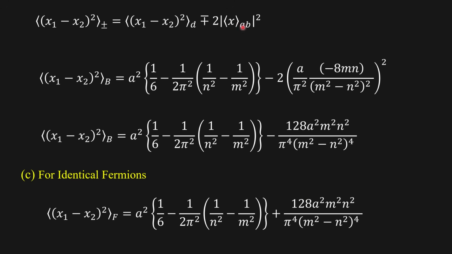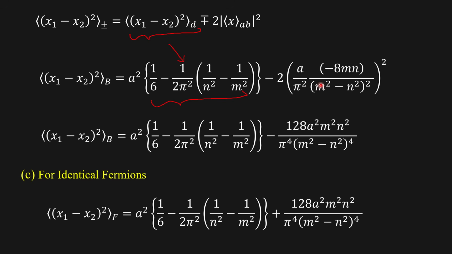So we got this expression. As I said, when the particles are distinguishable, you will get this one. For distinguishable particles, we have seen it is 1 over 6 minus 1 over 2 pi squared multiplied by (1 over n squared minus 1 over m squared).